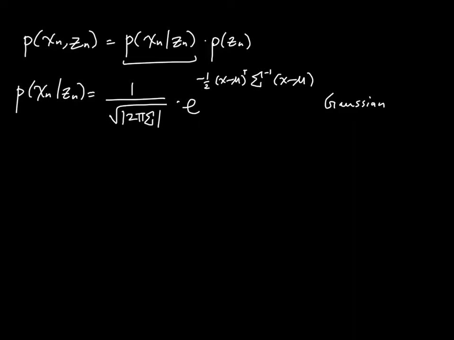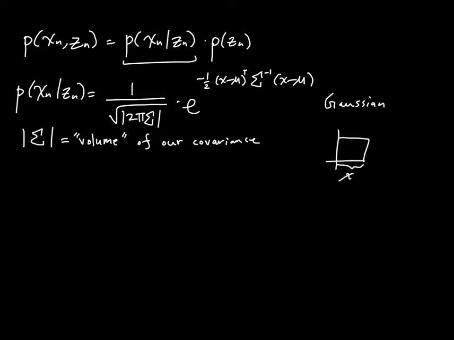So what we have here is this determinant, which is kind of like the volume of our covariance. Determinants mean volume. For those who are not familiar with the concept of determinants, think about if you had say a square in 2D, right? The area is defined by this x and this y, so it's x times y.